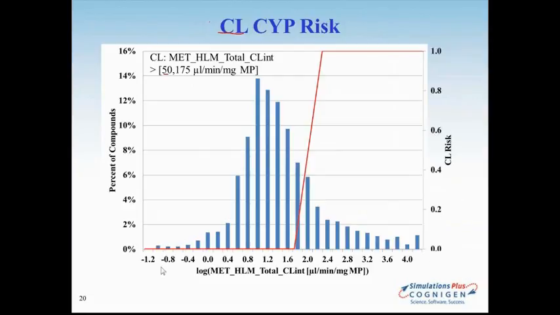So here's the clearance risk, and then when you get up to 50, we start ramping up the penalty, and then at 175, you're assessed a full penalty if the predicted clearance is above that. Values between 50 and 175 will have a variable clearance risk over here.